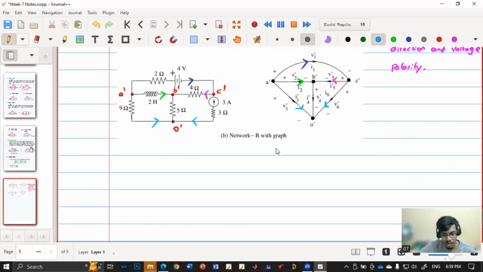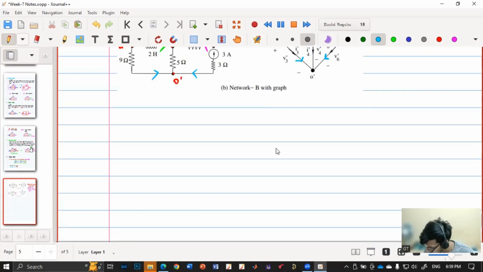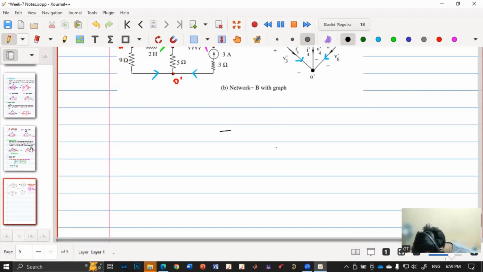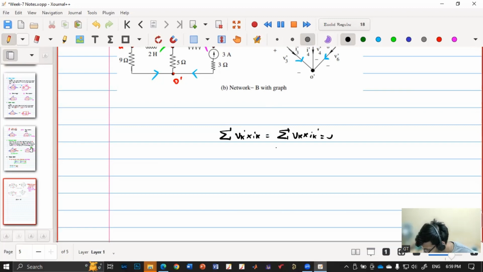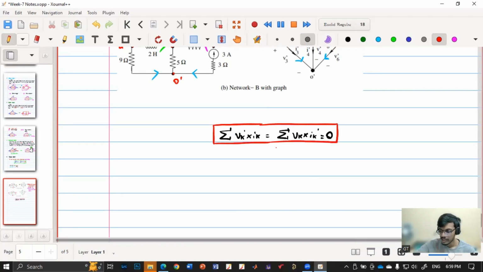We'll not go into the proof, but Tellegen's theorem says sigma Vk dash multiplied by Ik equals sigma Vk times Ik dash equals 0. So this is what Tellegen's theorem says.